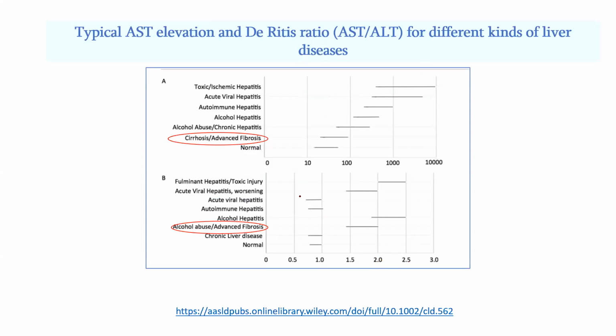In case of acute viral hepatitis and autoimmune hepatitis, because predominantly zone 1 hepatocytes are affected, ALT is more than AST, and so ratio is less than 1. In case of alcohol abuse, we have toxic injury to hepatocytes. It means mostly AST will be elevated.